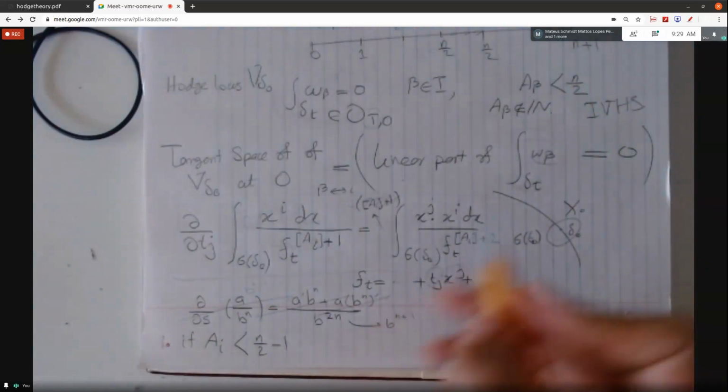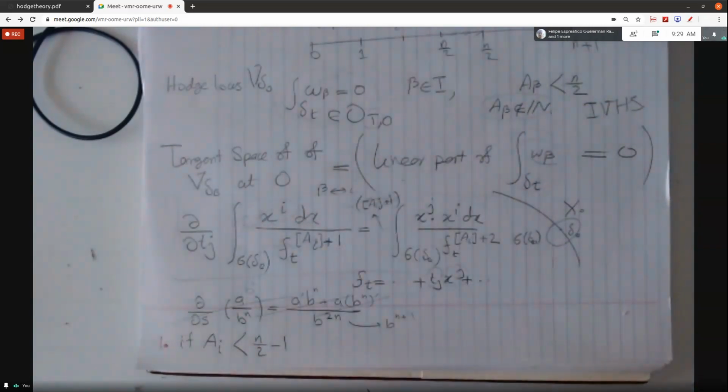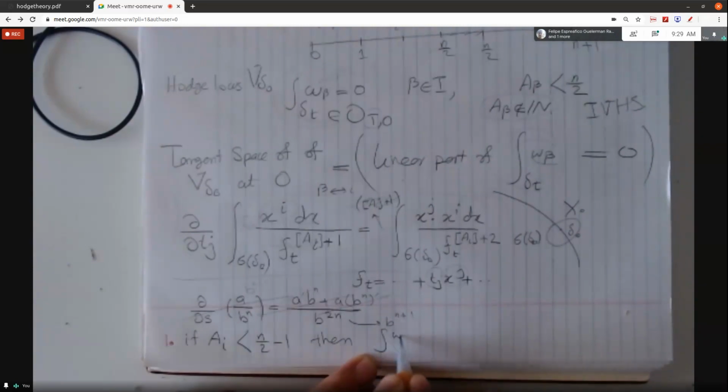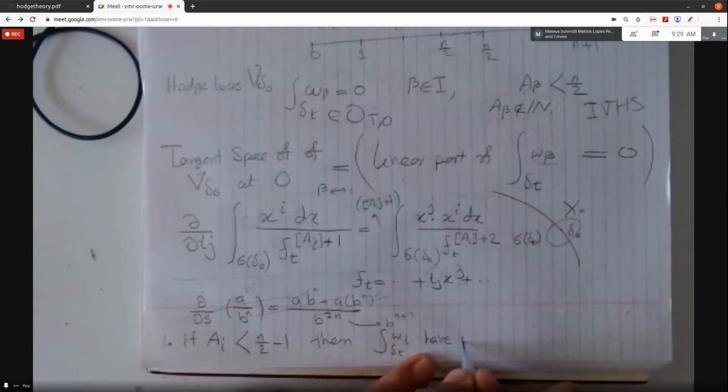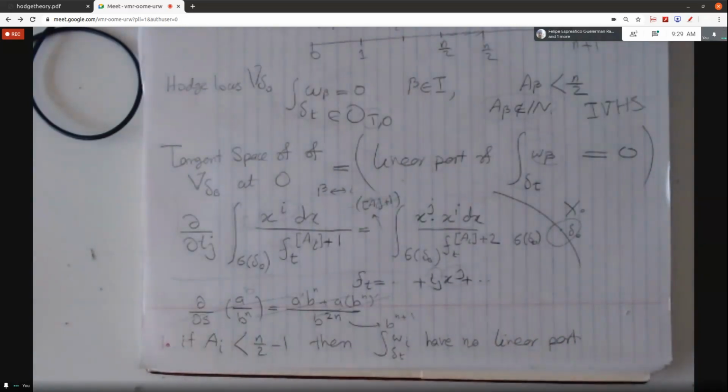In any case, for me a_i will never be an integer because I want to have differential forms in the compact variety. Then these guys, omega_i, remember that I have changed notation from omega beta to omega_i delta t, have no linear part. So this is the first observation.